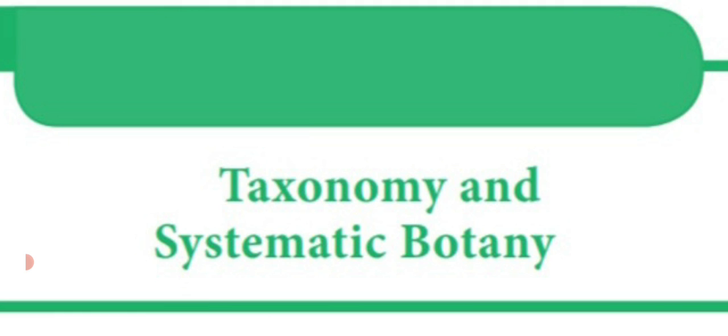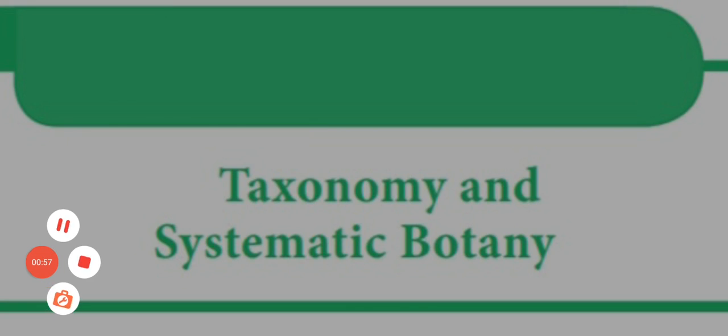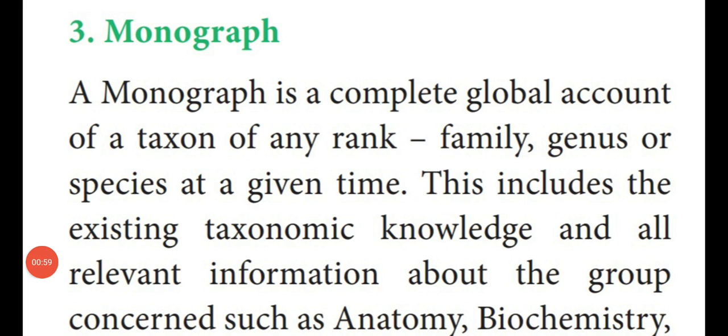Now, in this video, we are going to continue the same topic, that is taxonomical aids and its types. Dear students, in the previous video class, we have seen two types of taxonomical aid.